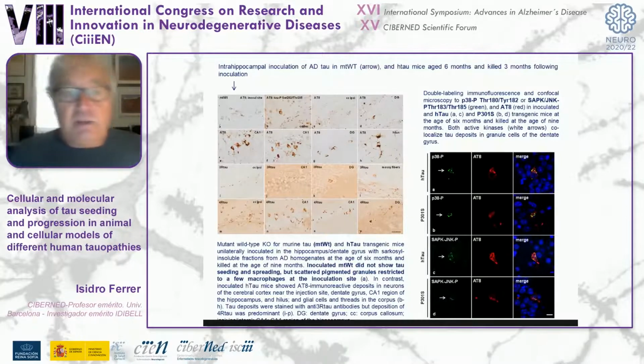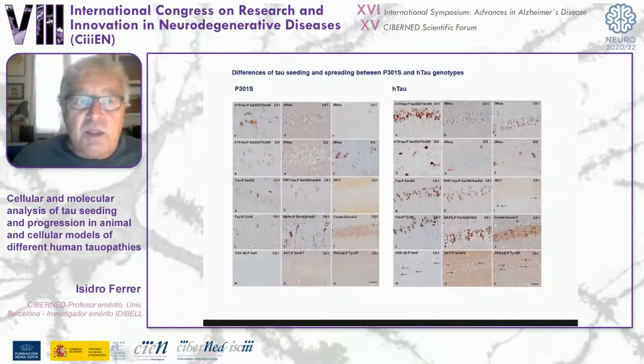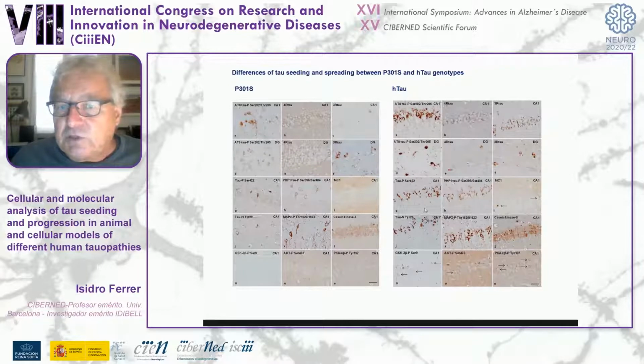When this animal, in normal conditions, what shows is an increase in the presence of 3R tau. Here is, well, just to demonstrate that the kinases are colocalizing with the tau deposits in these animals. And this is to compare what happens, the difference between P301S and each tau, regarding the difference between the deposits in both types of animals.